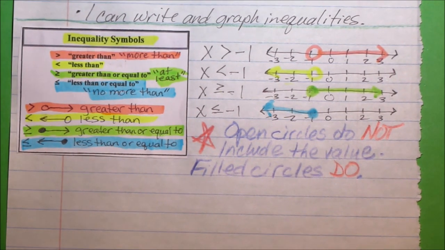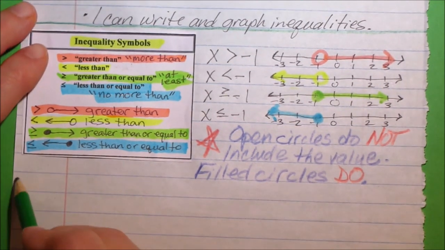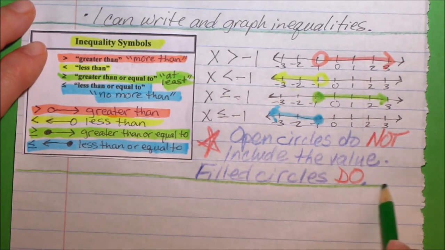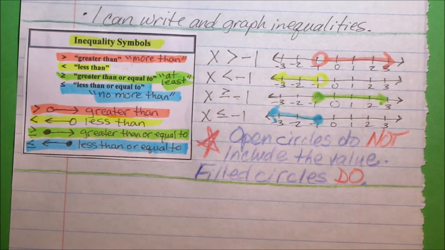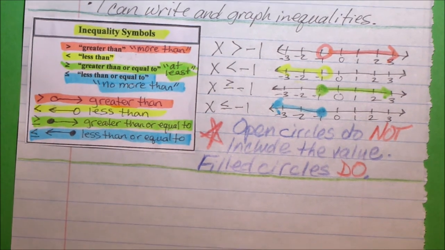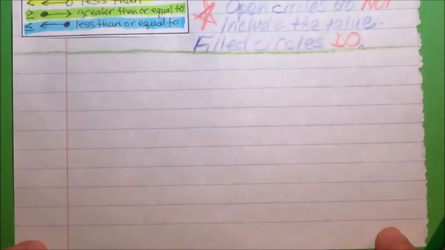All right? Okay, so I'm going to do a light green line right under here and show you 3 examples of what you're going to see on your worksheet, how to work these.